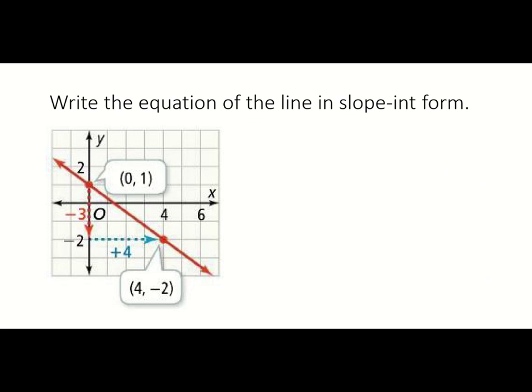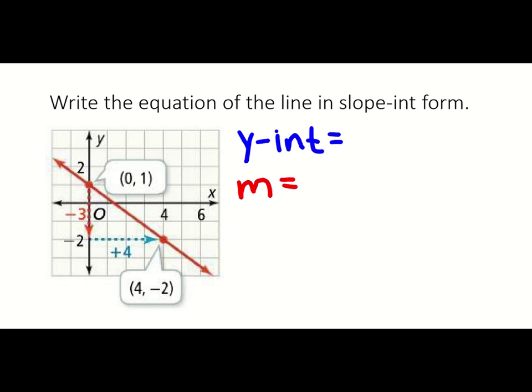So our first example says write the equation of the line in slope-intercept form. For this one, we are given a graph of a line, and we need to identify the y-intercept, and we need to identify the slope of the line.